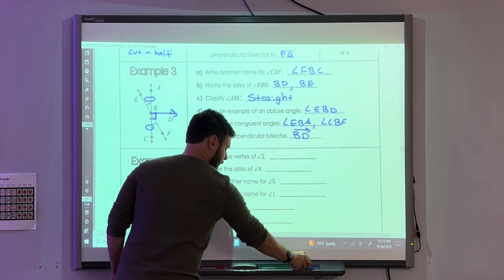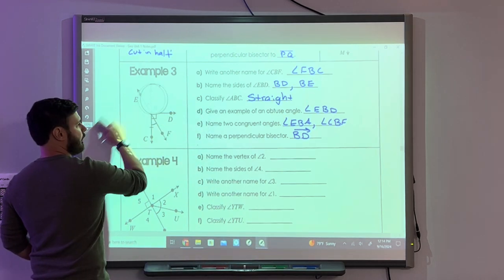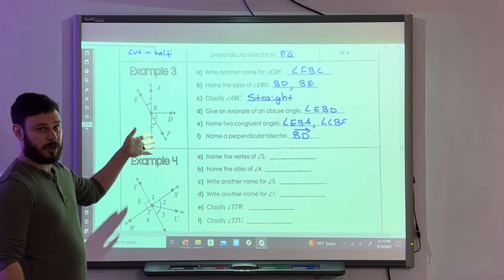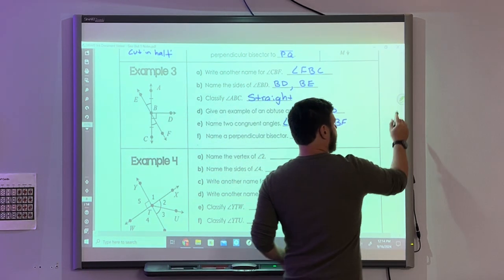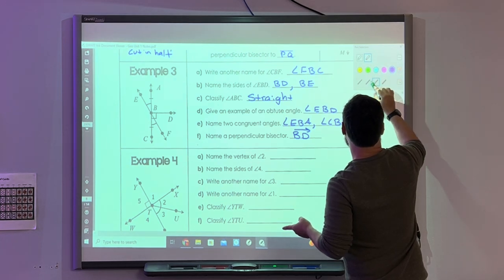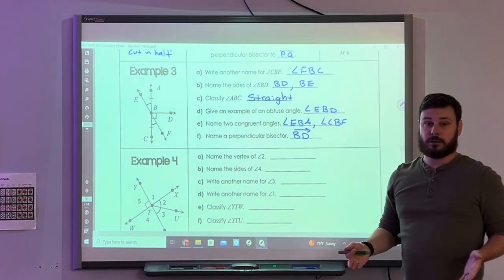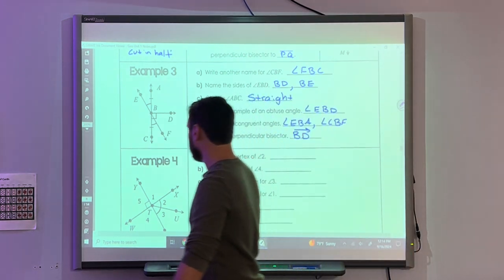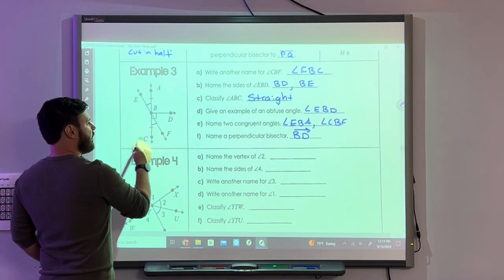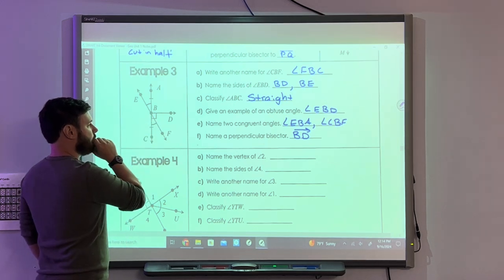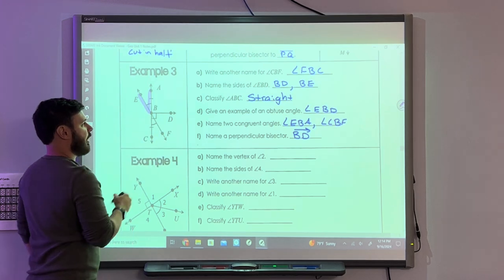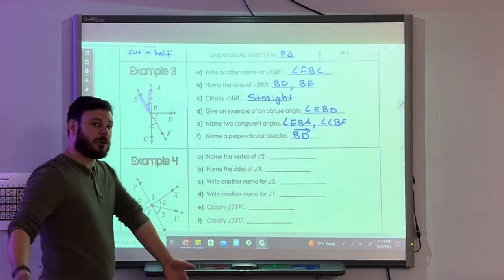All right. Now I want to stop here and take a look at this diagram right here outside of the question. If you remember from the last page, it said you can use 3 letters to name an angle, or 1 letter if there's only one angle. There's tons of angles here, okay? So you can't say angle B. You can be talking about this angle, EBA. And you could say like, well, the vertex is B, I can just call it angle B, right?